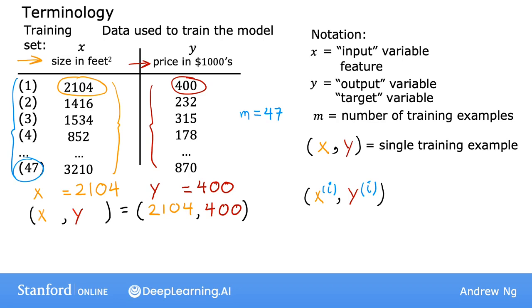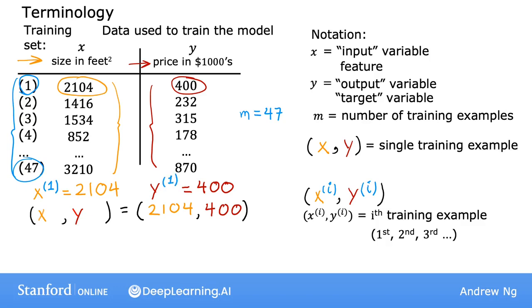The superscript tells us that this is the ith training example, such as the first, second, or third up to the 47th training example. i here refers to a specific row in the table. So, for instance, here is the first example, when i equals 1, in the training set. And so x superscript (1) is equal to 2,104, and y superscript (1) is equal to 400.